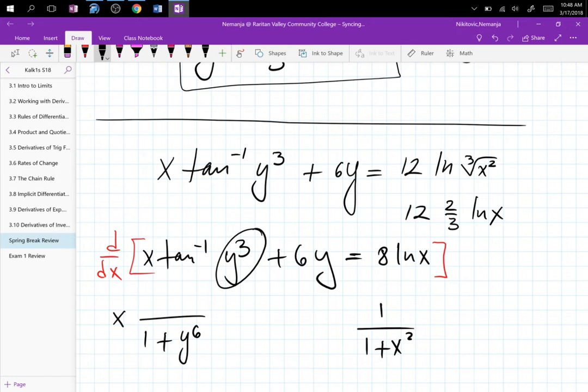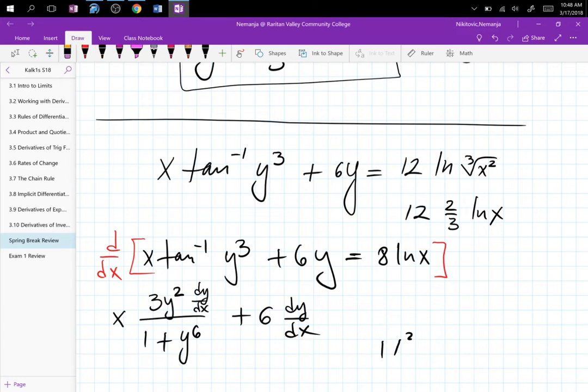And now I need to take the derivative of this, which is 3y squared, that goes on top, times the dy dx, because we were taking the derivative of y with respect to x, plus 6 dy dx, and on the other side is just 8 over x, right? The derivative of ln x is 1 over x, so 8 times 1 over x is just 8 over x. That's the exercise.